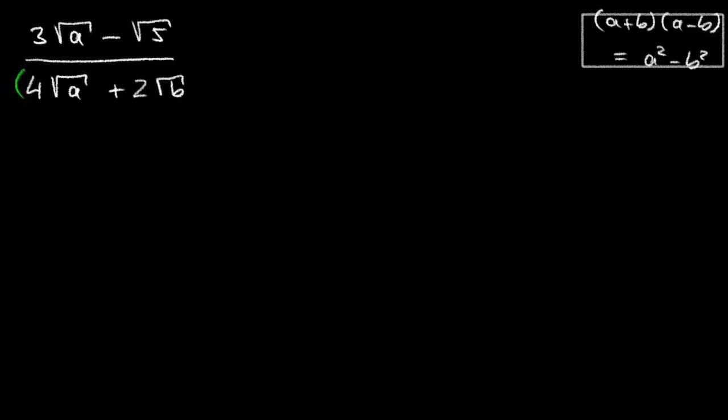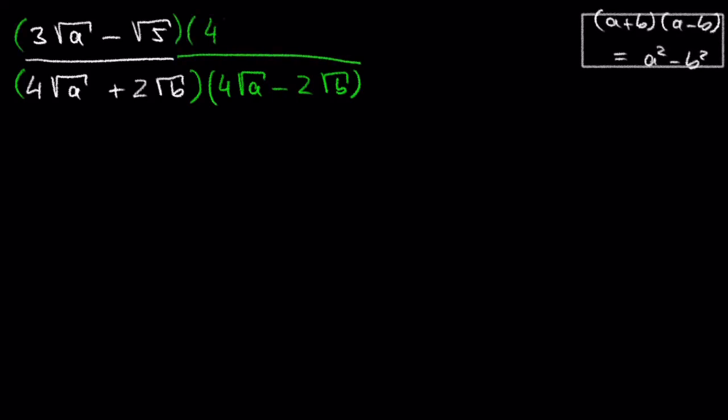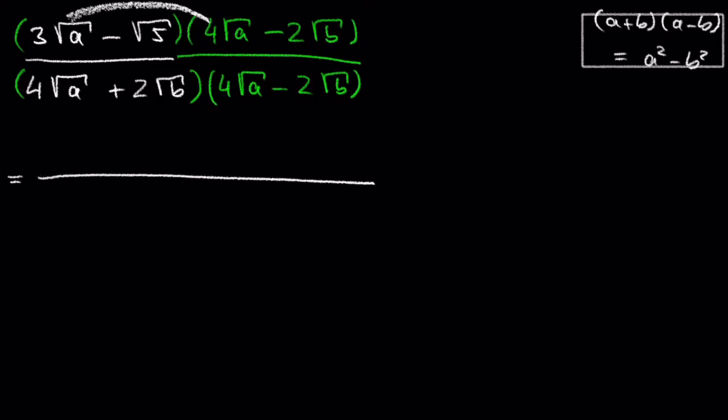The conjugate of 4 times the square root of a plus 2 times the square root of b is 4 times the square root of a minus 2 times the square root of b. 3 times the square root of a times 4 times the square root of a is 12a. 3 times the square root of a times negative 2 times the square root of b is minus 6 times the square root of ab.